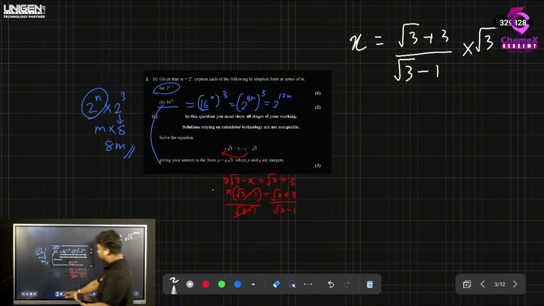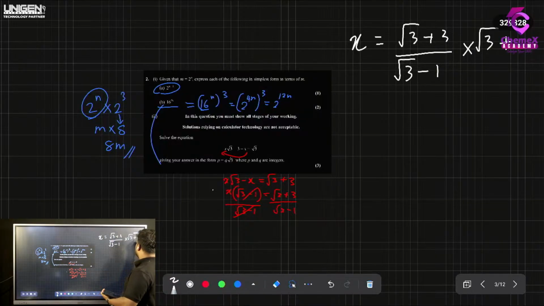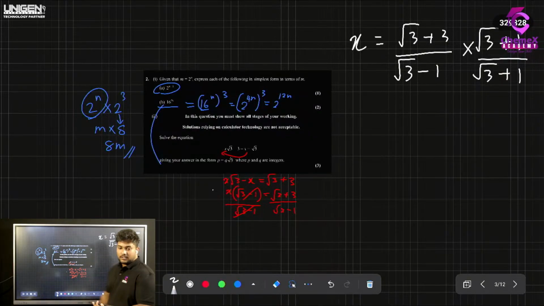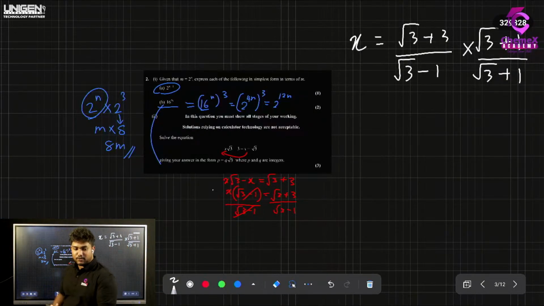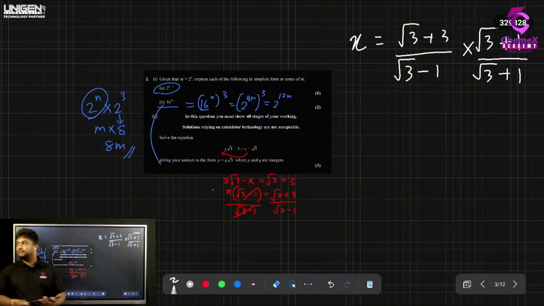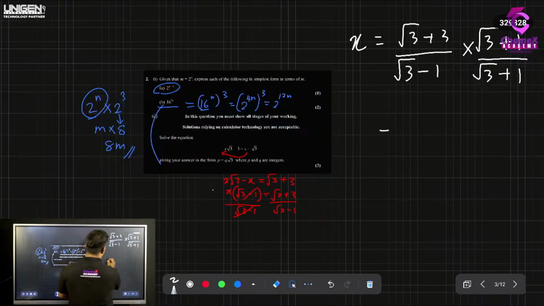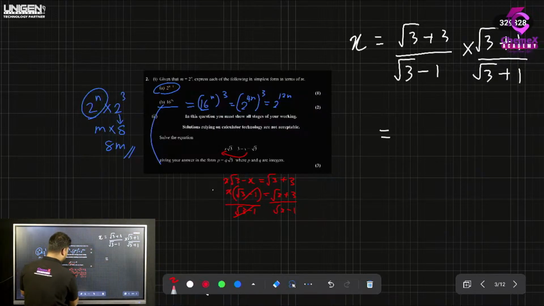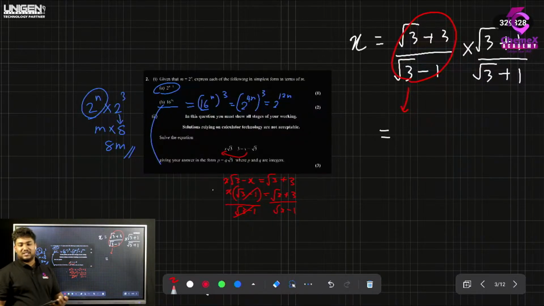During your O levels also you learned, those who did Edexcel: root 3 plus 1 divided by root 3 plus 1. Okay. Is anyone having doubts why it's root 3 plus 1? No, right? But I'll just show you a shortcut also. If you type this in the calculator, you straight away get the answer. But you have to do the working to show it.